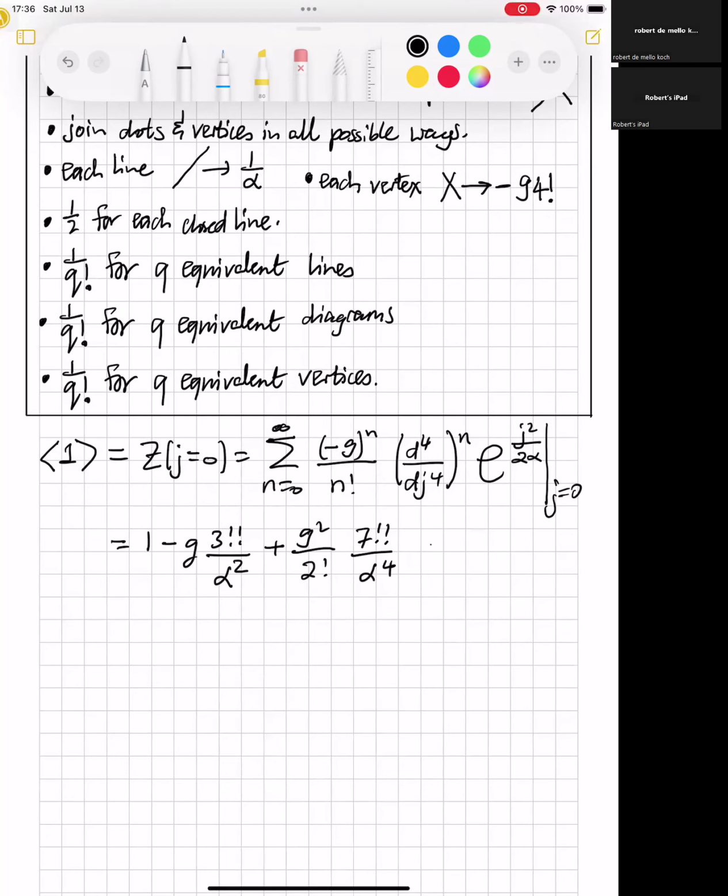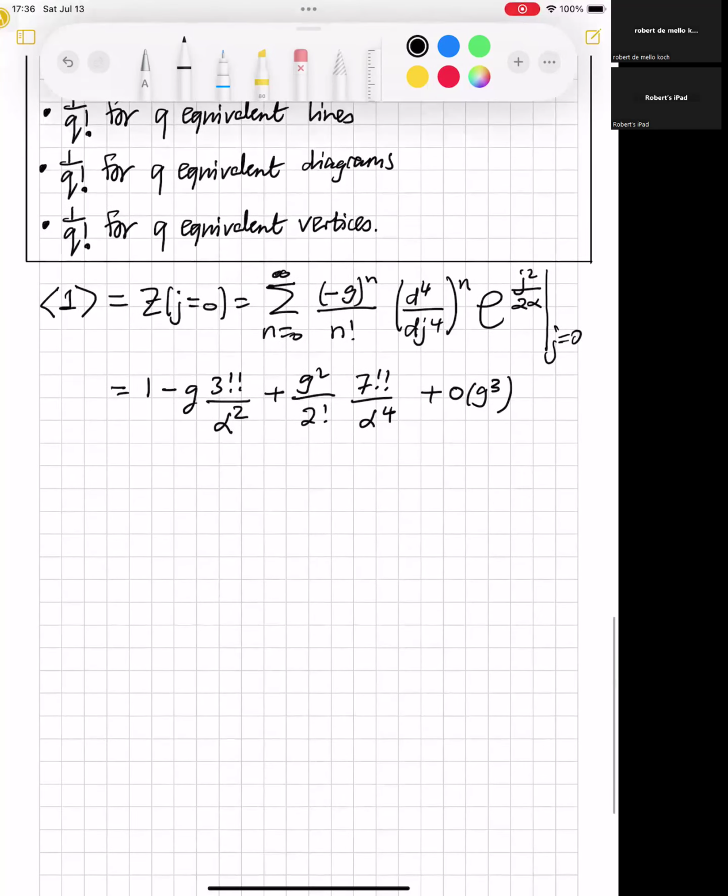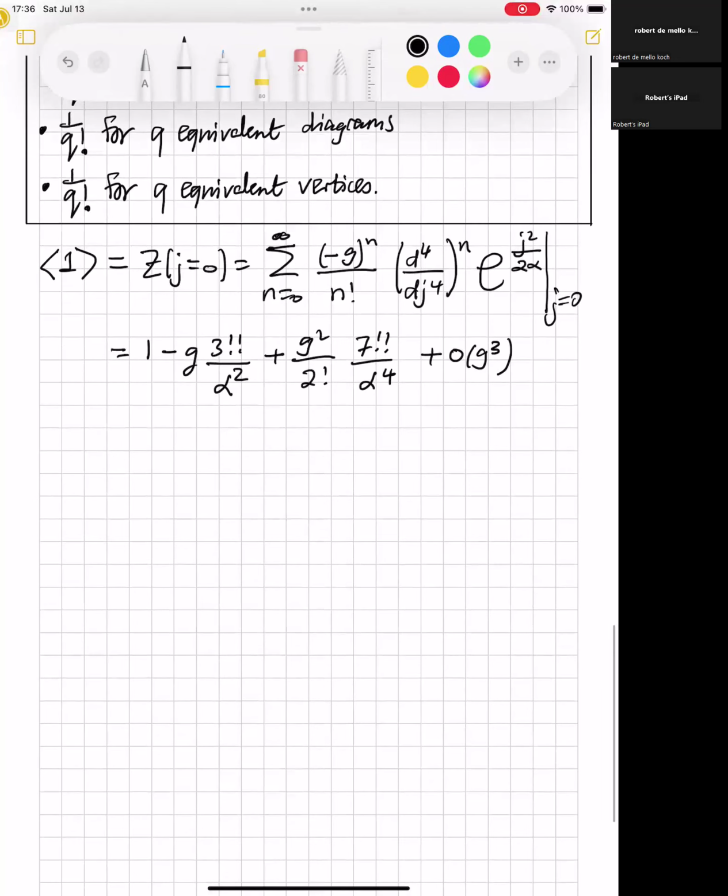And then the next term would be minus, and it would be an order g cubed term. So you could very easily go ahead and calculate things to higher orders in g and check how good you are with Feynman diagrams. And I'd encourage you to do that a bit, okay?